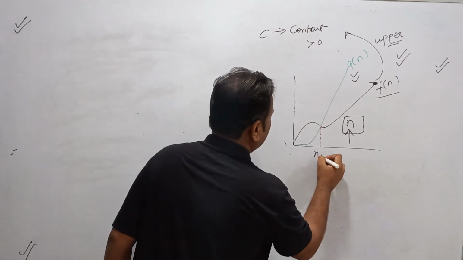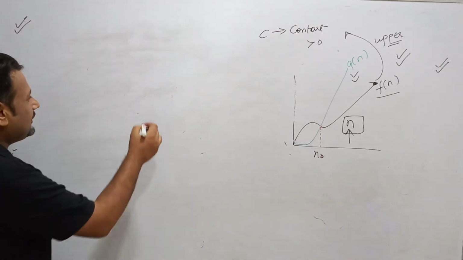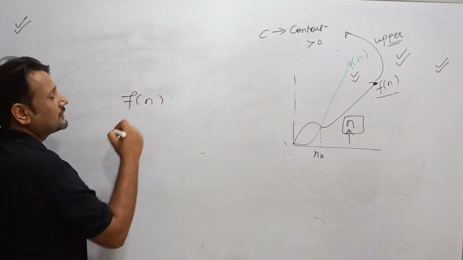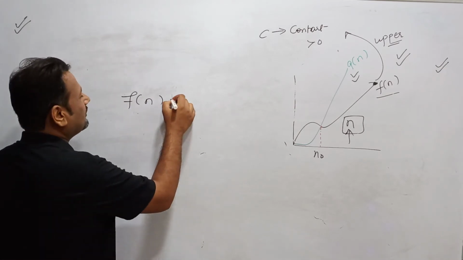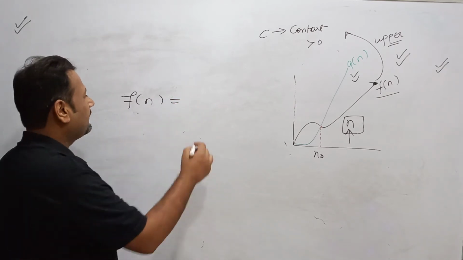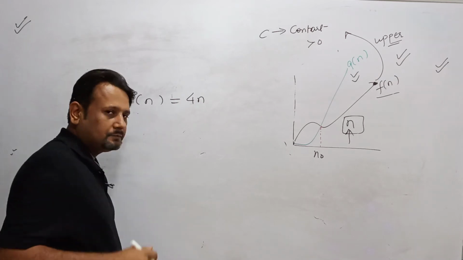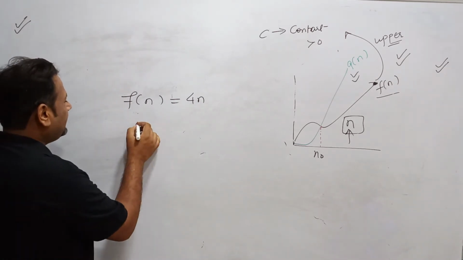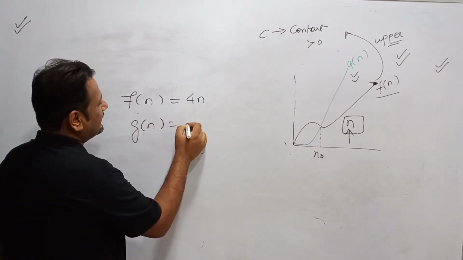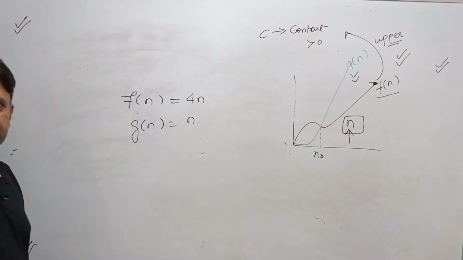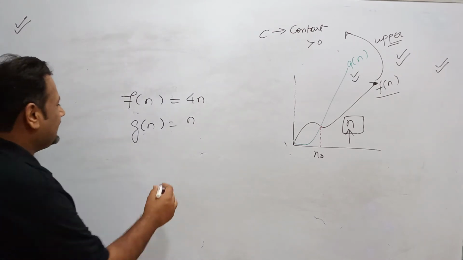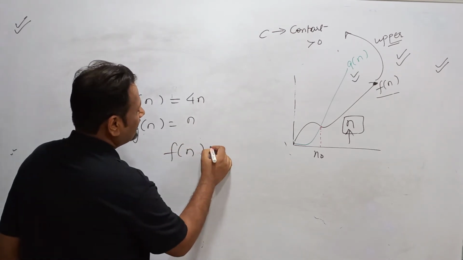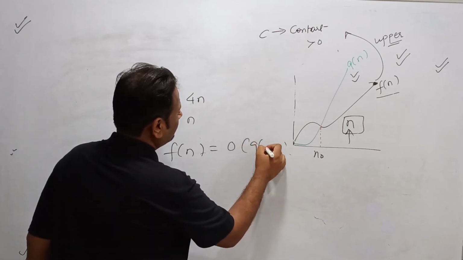Now what is n naught, I will explain. Let's say Fn, that is the original complexity or the complexity of that algorithm, is 4n. After implementation my complexity is coming, let's say n. Now can I write Fn is equal to big O Gn?